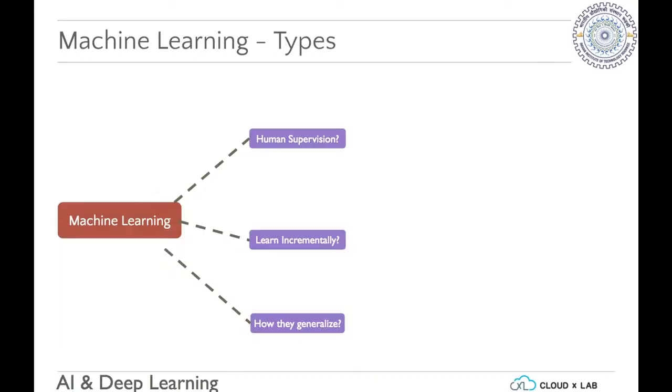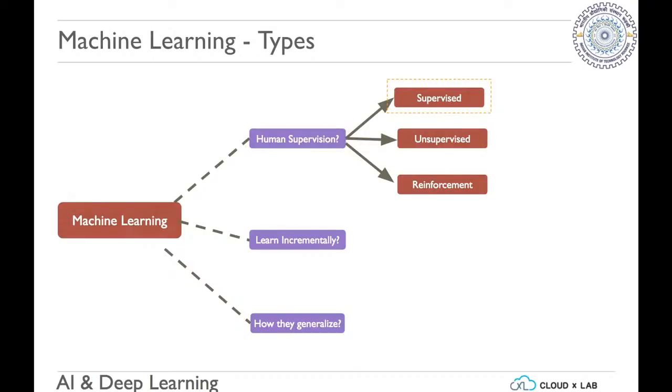The first way is whether something requires human supervision or not. Based on that, we have supervised machine learning, unsupervised machine learning, and reinforcement.